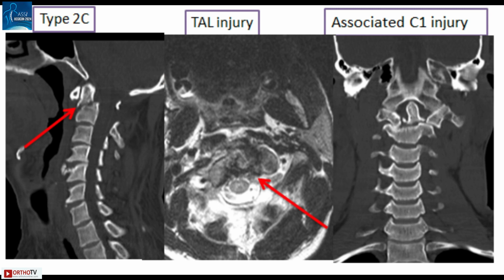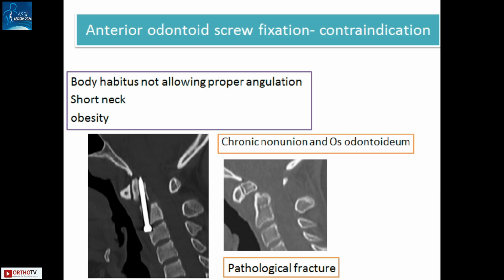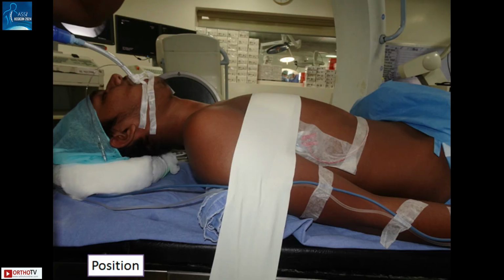One is a different fracture pattern, that is a type 2C, associated injury of the transverse atlantal ligament, associated C1 joint injury, and most importantly the technical skill of the surgeon. It is also important to understand body habitus: somebody with a short neck or an emphysematous chest is a contraindication. Chronic non-unions also should definitely not be attempted with this procedure.